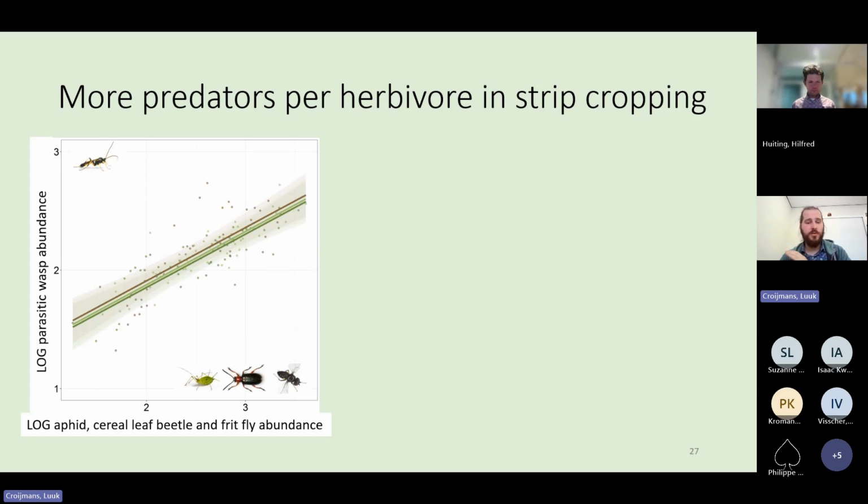So you see if there's more herbivores, there's also more natural enemies because they follow the herbivores. They want to go to where their food is. And for parasitic wasps, you actually didn't find an effect of strip cropping. So it doesn't matter which system, it's always this kind of positive correlation, but there's no change.